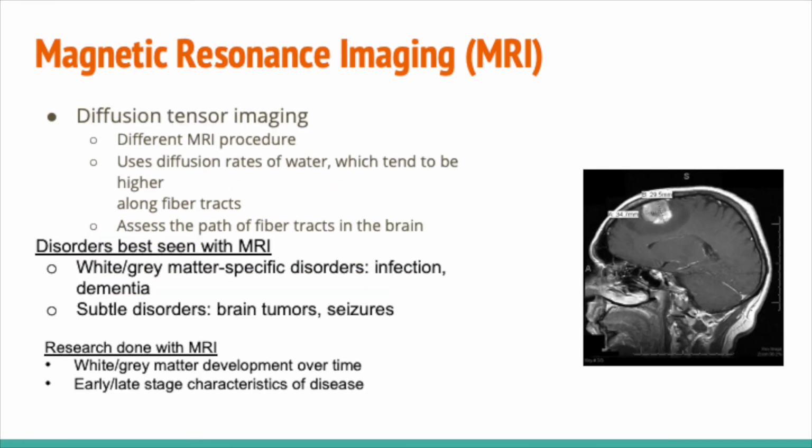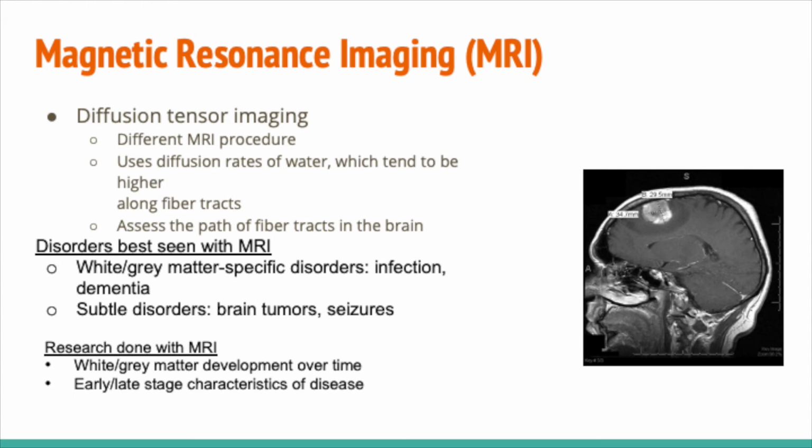Diffusion tensor imaging is a different type of MRI procedure in which you can use diffusion rates of water, which tend to be higher along the fiber tracts of our brain, and assess the path of fiber tracts in the brain. MRI imaging is very helpful in helping doctors determine what type of disorders are in a patient.